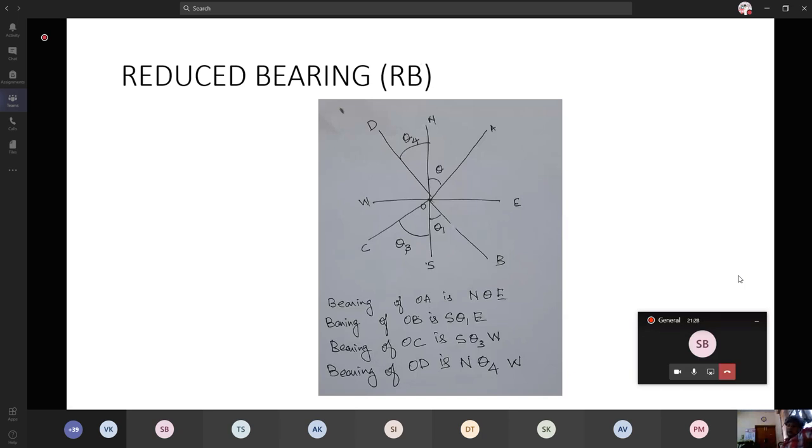Do you get the point? Okay, this is what is called the reduced bearing. There is another concept called forebearing and back bearing.